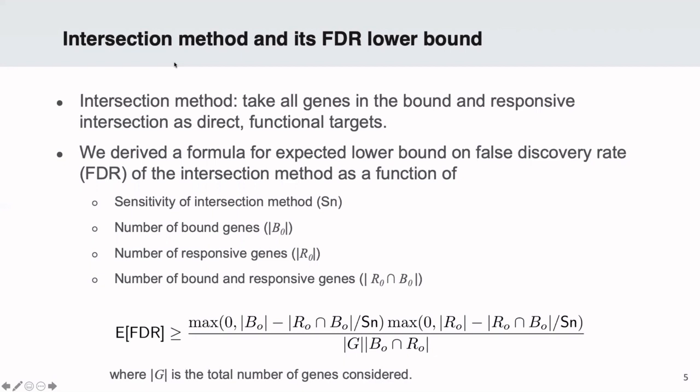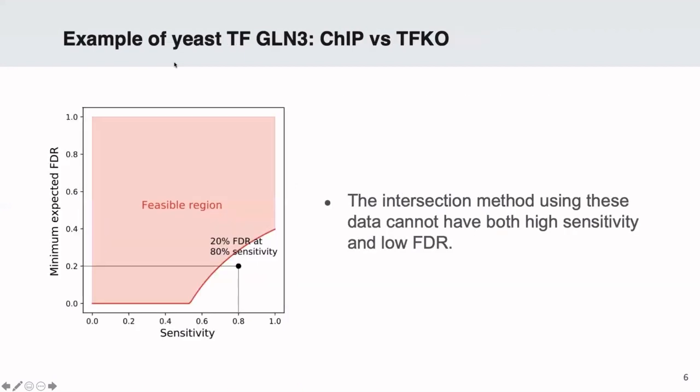As the latter three are measured by the experiment, the expectation of the FDR lower bound is simply monotonically increasing as the sensitivity increases.